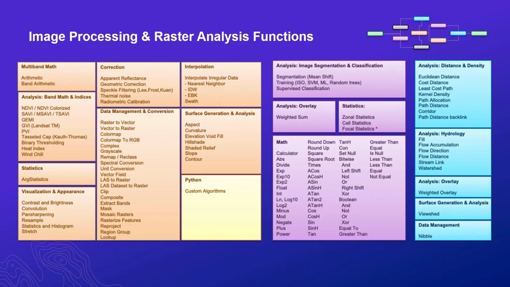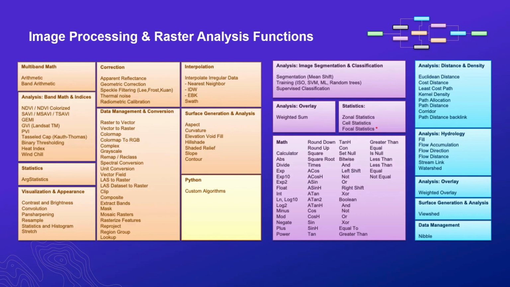When you look at the entire set, you will find that it falls into different categories, and in different categories we have different kinds of tools. We can do multi-band math, different kinds of band math indices, different kinds of statistics, and visualization and appearance, a category by itself where you can do many things.